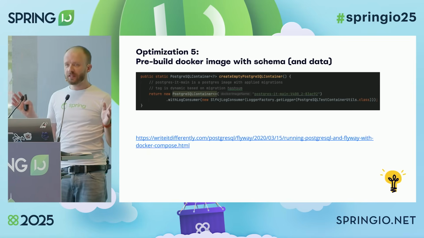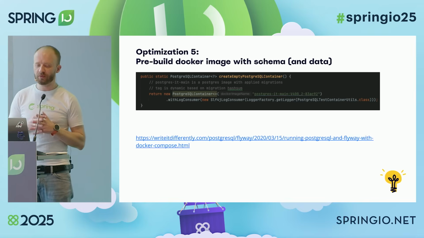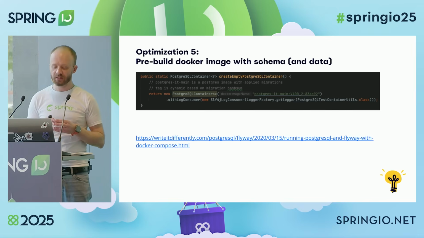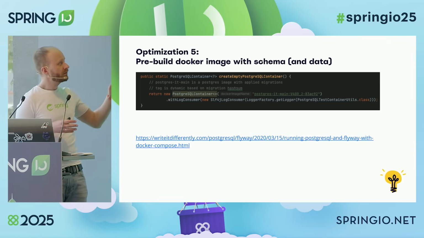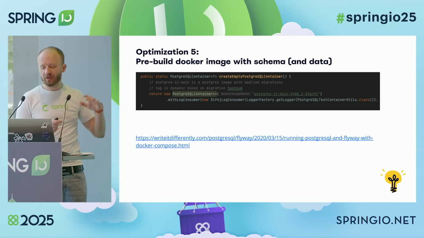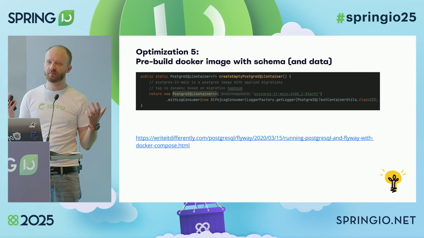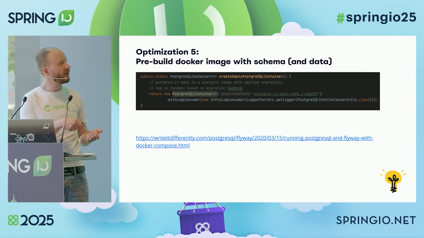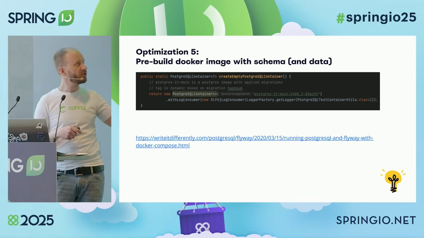Okay, the next optimization is also related to databases. Probably if you are using relational databases in your integration tests, you're using some kind of schema migration utility, for example, Flyway. Instead of applying the schema each time you run the test, you can pre-create your Docker images and store them on your Artifactory or local registry.